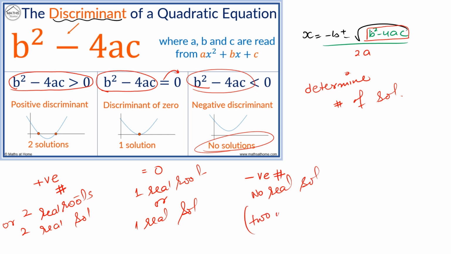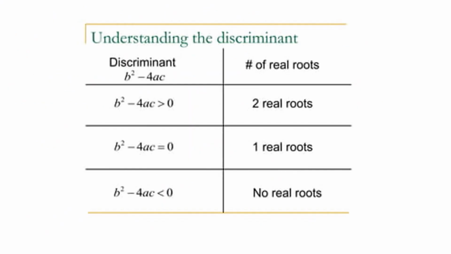Two imaginary solutions, or two imaginary roots. So memorize this part also. B square minus 4ac: two real roots if it is greater than 0, one real root if equal to 0, no real root if less than 0.